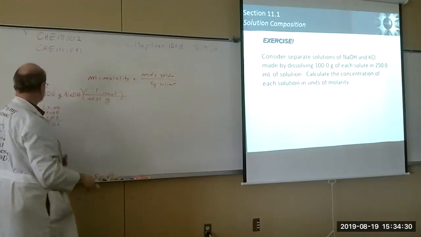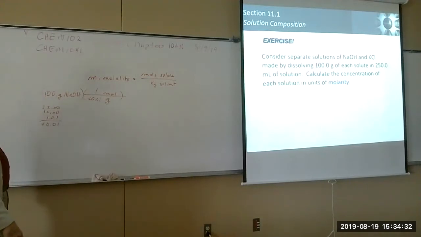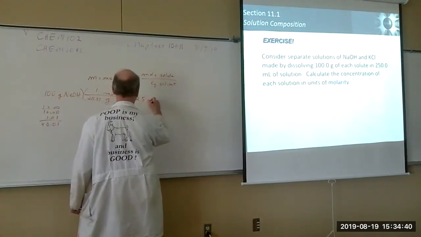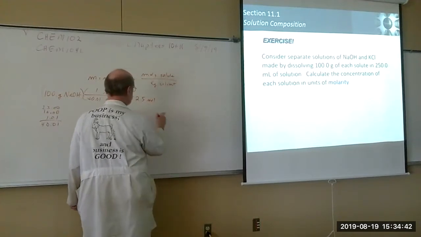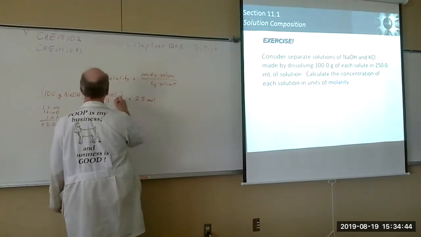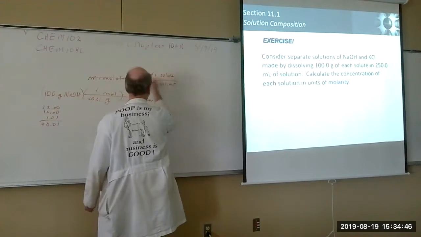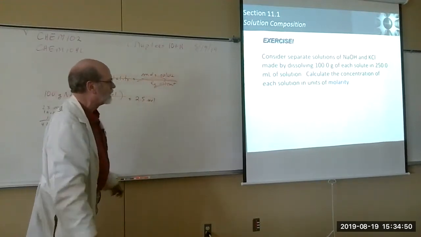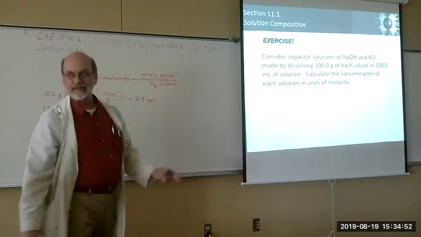So that'll give us the number of moles. So 40 into 100 is about what? 2.5? About 2.5 moles. So we divide 2.5 by 0.25 liters, right?